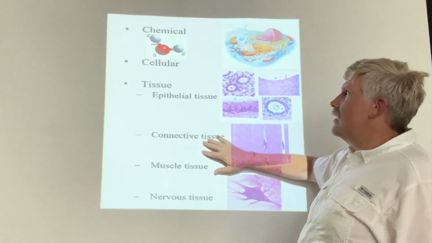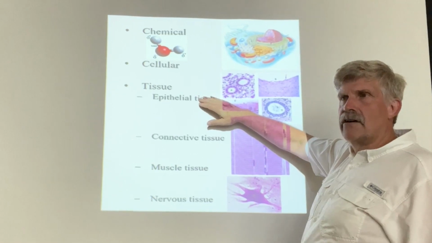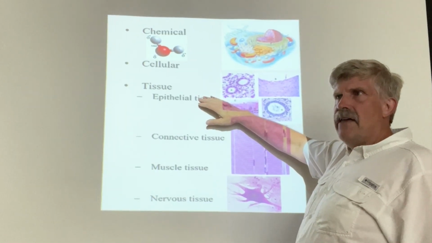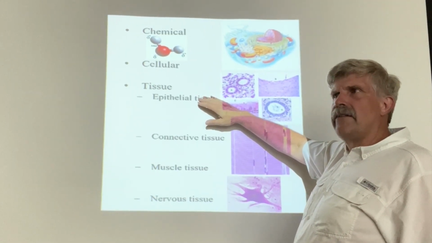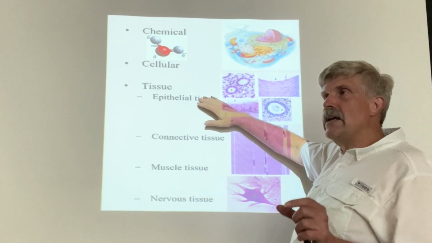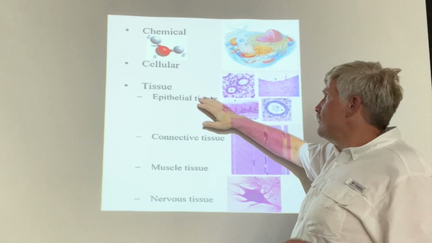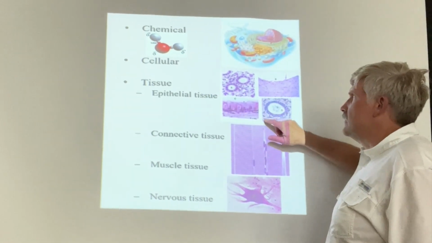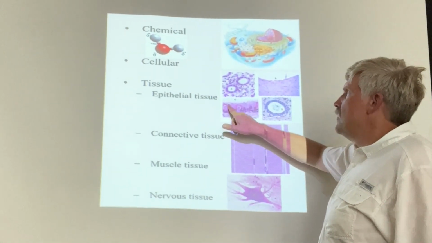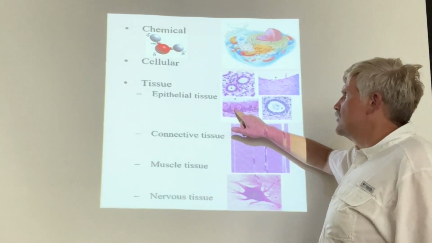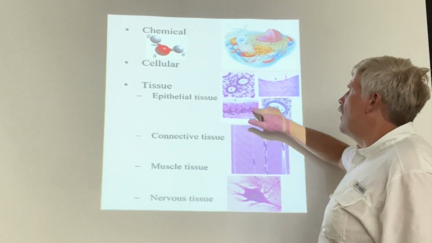So here they are. We have epithelial tissues that are always on the outside, and they always contain one cell that is juxtaposed to the next cell. So whenever you look at epithelial tissue, you're going to see one cell with no material between it attached to another cell all along.